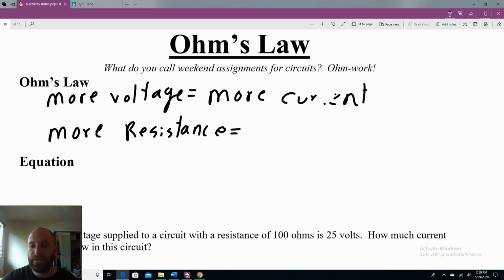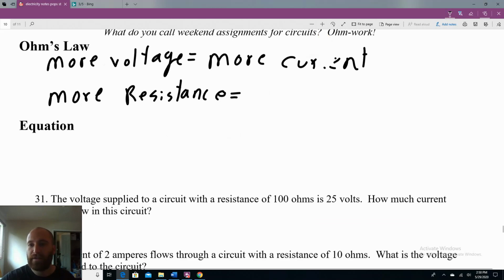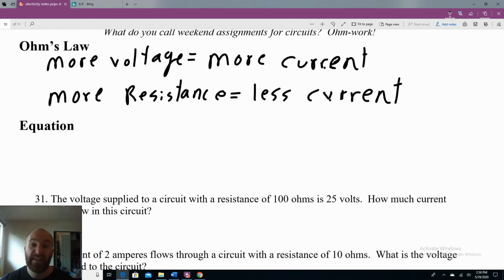Remember, voltage is electrical push, and so if you push harder through the circuit, you end up with more current. It says that if you have more resistance, if you resist more, then there should be less current. So that's what Ohm's law is trying to describe.